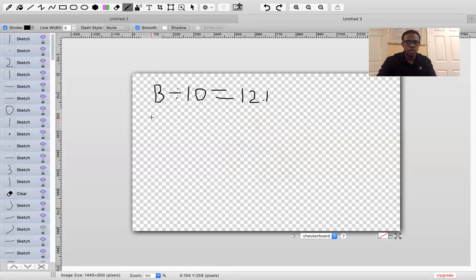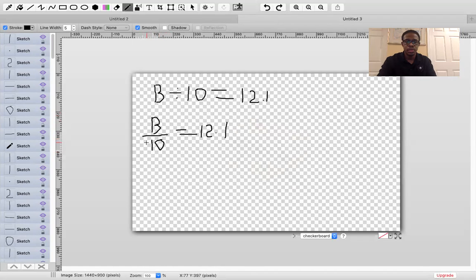All right, so we can rewrite that as B over 10 is equal to 12.1. B's on the top, so we can remove the denominator without an issue, but if B was at the bottom, we would not be able to just erase the unknown.